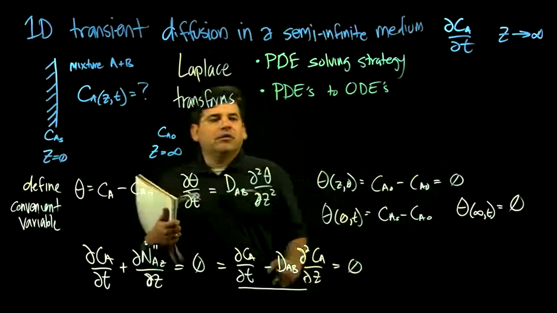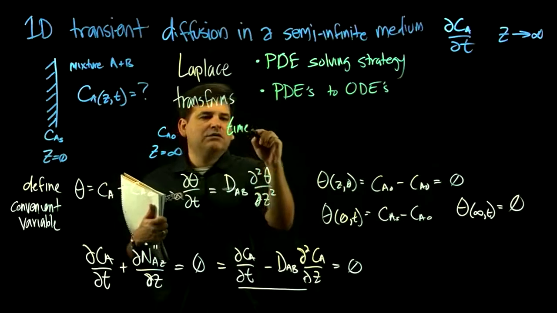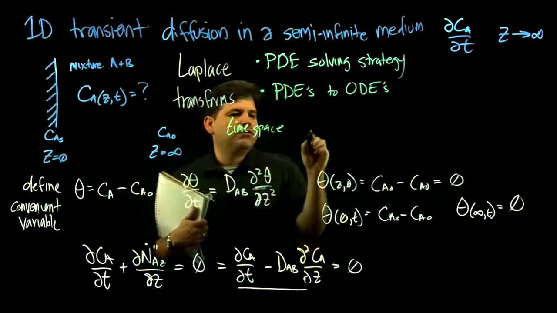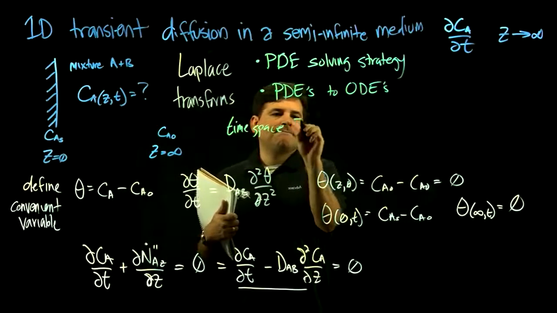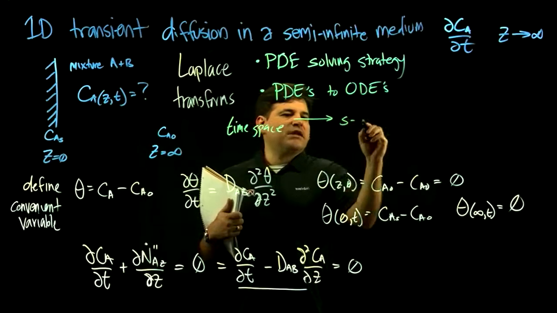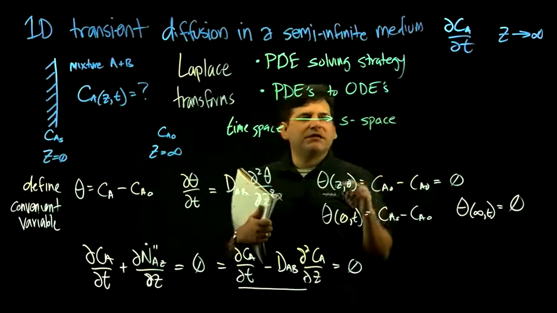And what you do is you go from time space, meaning the time variable, to S, Laplace space. Laplace space is called S space.